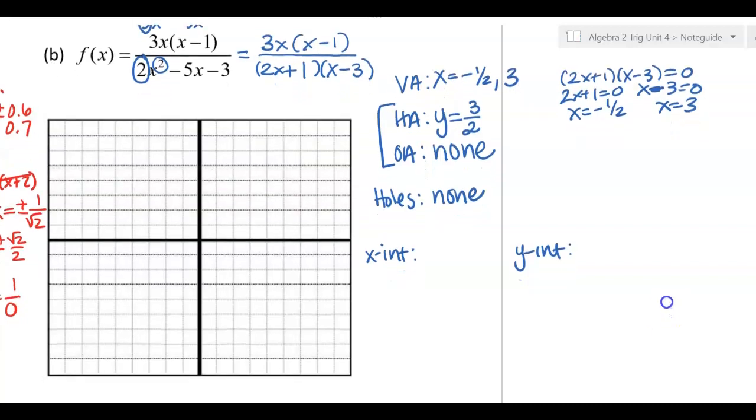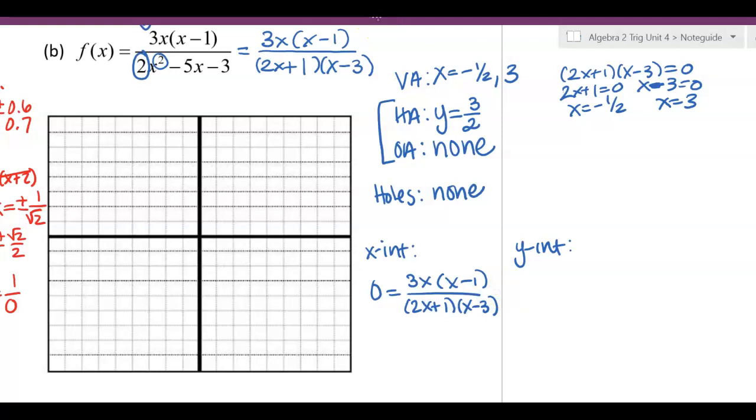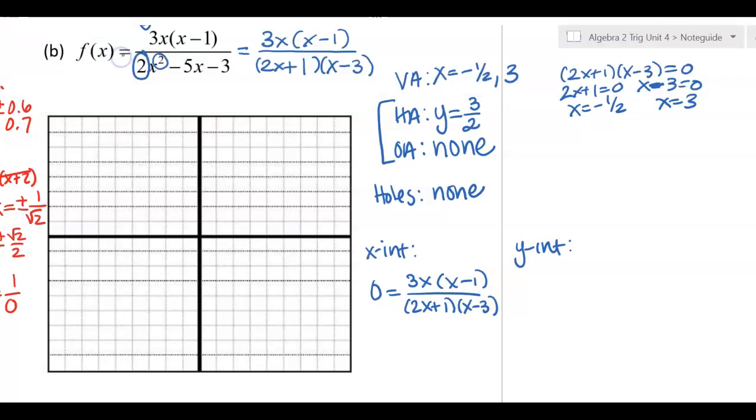For the x-intercept, we're going to set y equal to 0. And we're going to solve for x. Remember that we would do this by multiplying by the LCD, which in this case is the only denominator in the problem, on both sides of the equation. 2x plus 1 and x minus 3.